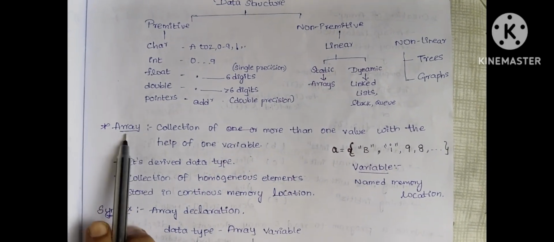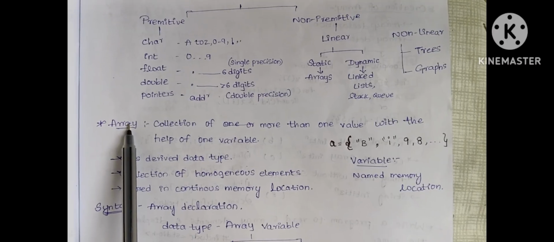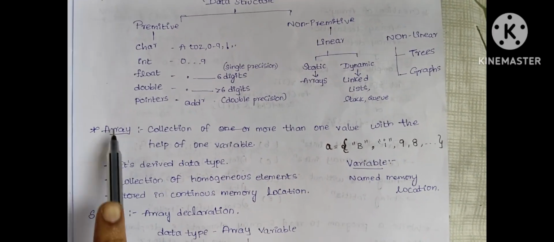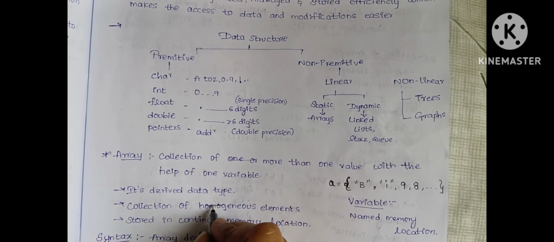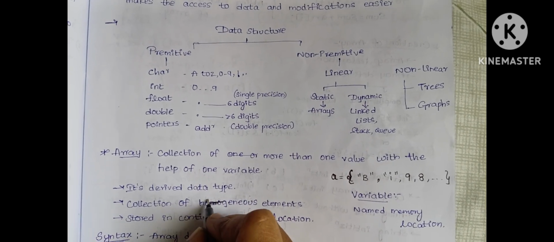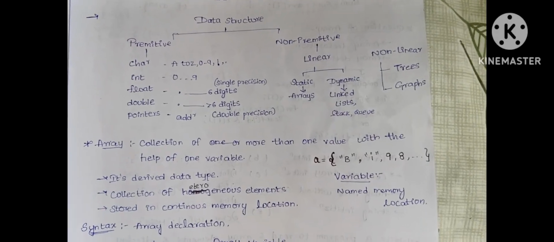It is nothing but arrays. So what is an array? Does anyone know it? No. Let me explain you. Array is nothing but a collection of heterogeneous, sorry, here I have written wrong, it is heterogeneous, not homogeneous.